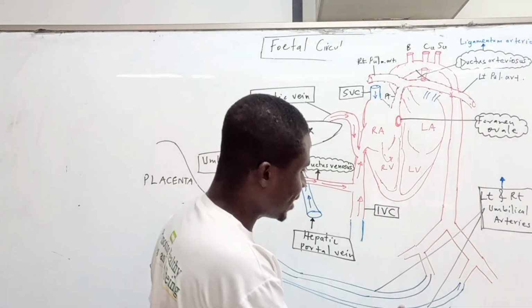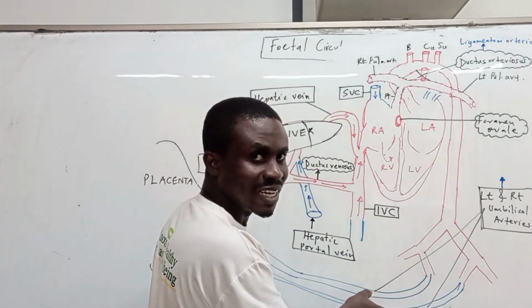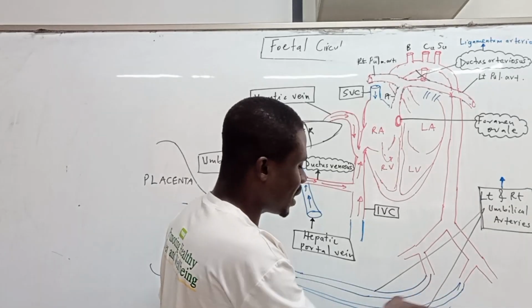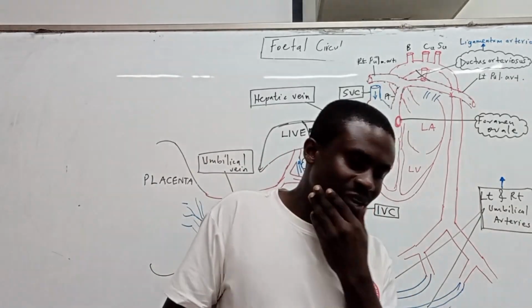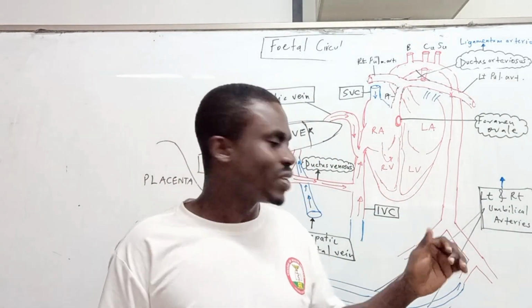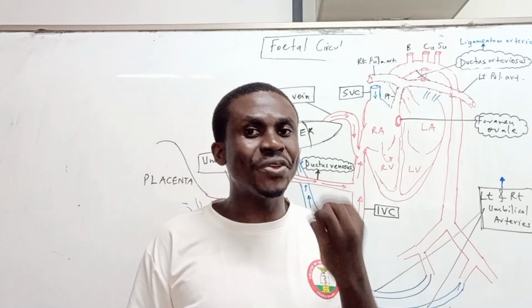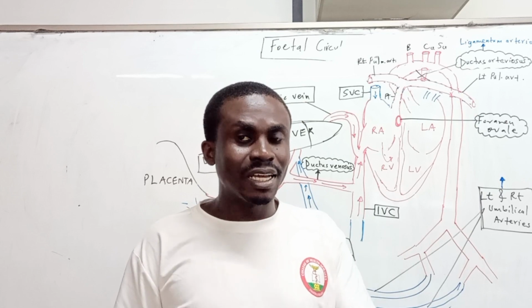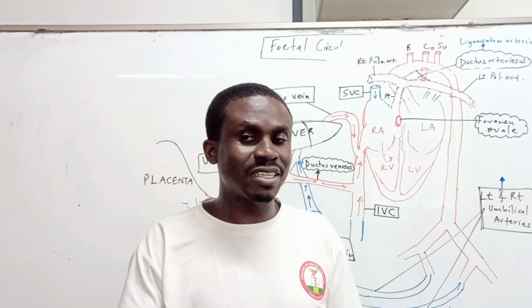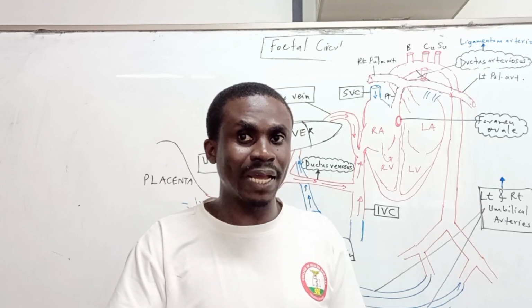Okay, so if you look at the initial bit over here, postnatally we see that there's an artery called the superior vesical artery. Whenever we talk about vesical organ, it has to do with the urinary bladder.